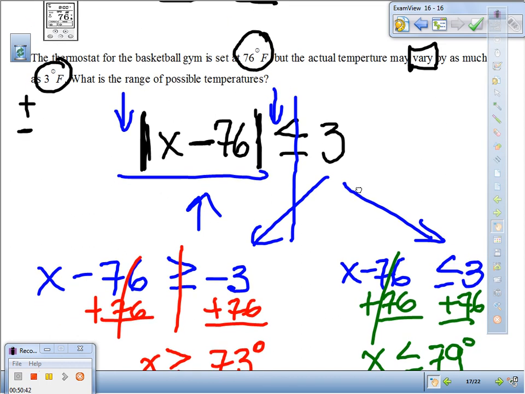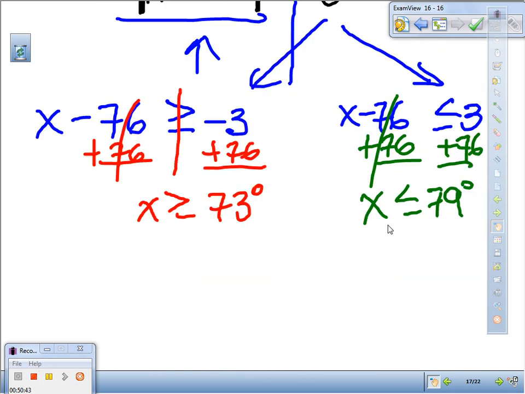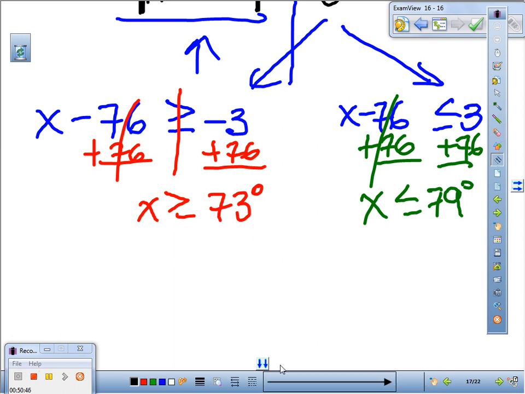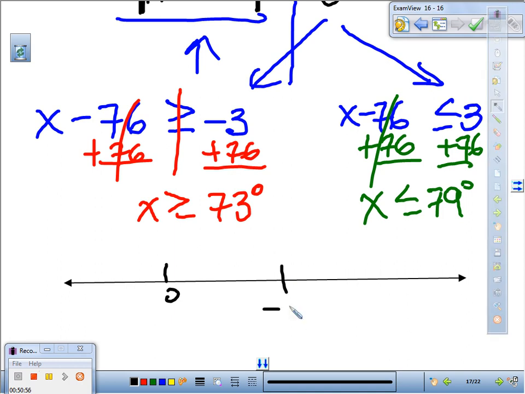All right. Just to keep it consistent to what we've been doing, let's graph this. Okay? Here we go. Draw your number line. Here it is. 0. Here's 73. And here's 79. I'm going to start with this one. Solid point.